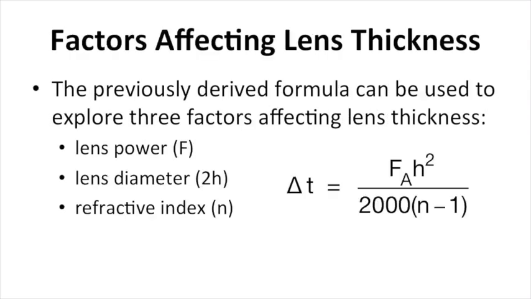So far so good. Now let's consider a range of factors that can affect lens thickness. So we've got our previously derived formula, and if you look, there's three factors in there: the power, the diameter, and the index, and we can explore how the value delta t varies as we manipulate each of these variables.